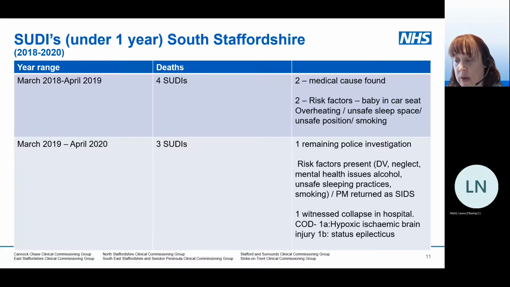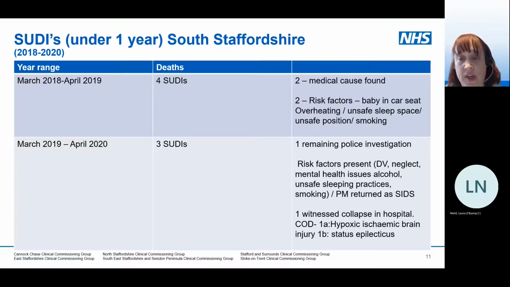One was a witnessed collapse in hospital, so the baby was unwell but wasn't expected to die, was in hospital and collapsed suddenly, and the cause of death was identified as hypoxic ischemic brain injury. That's where the brain's been starved of oxygen due to status epilepticus, an epileptic seizure. So there was a cause of death identified for that baby, even though the death was sudden onset, not expected.